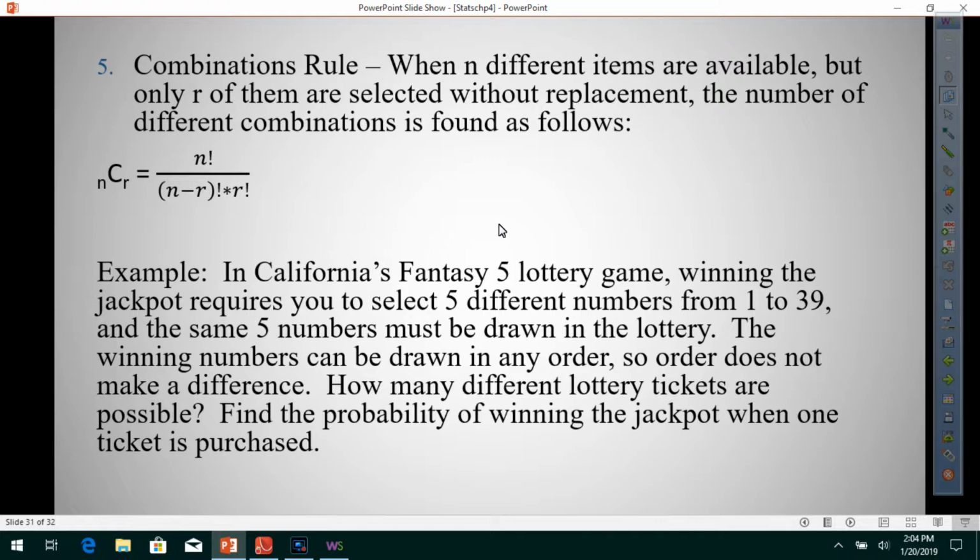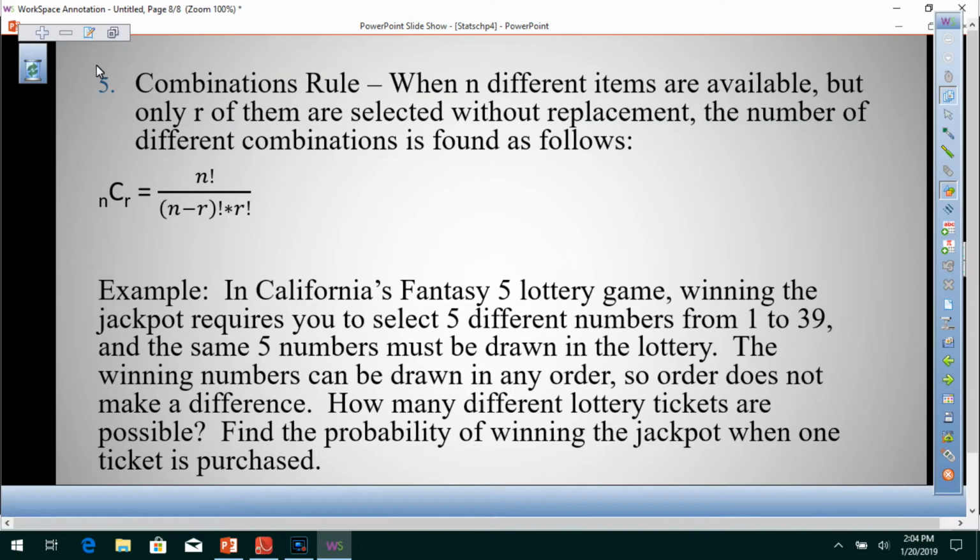In California's Fantasy 5 lottery game, winning the jackpot requires you to select 5 different numbers from 1 to 39, and the same 5 numbers must be drawn in the lottery. The winning numbers can be drawn in any order, so order does not make a difference. How many different lottery tickets are possible? Find the probability of winning the jackpot when one ticket is purchased.